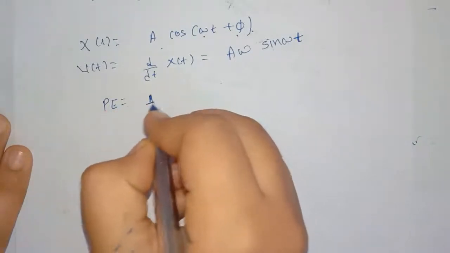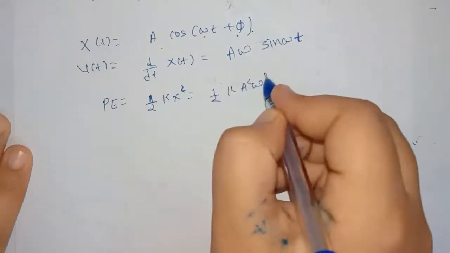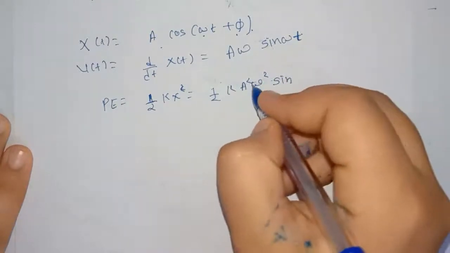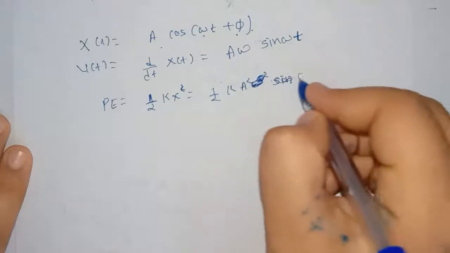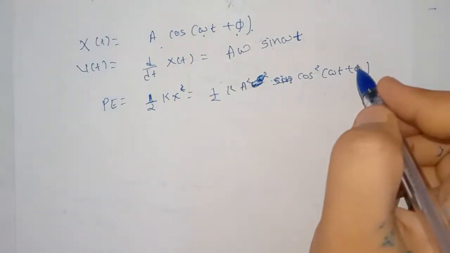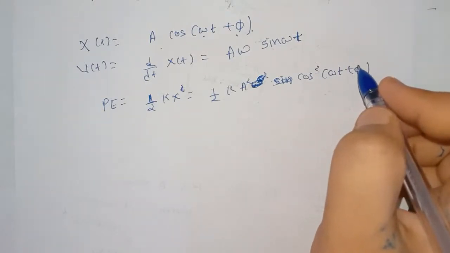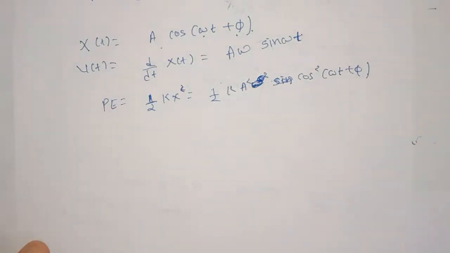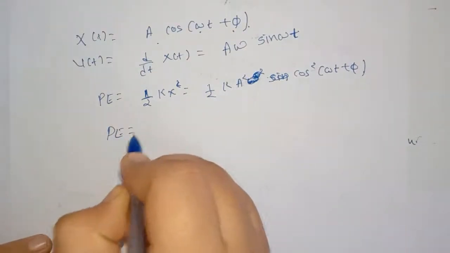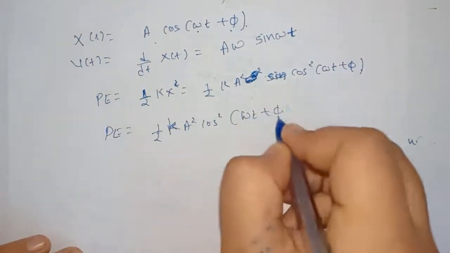Now the potential energy is given by half kx square, so that will be half k a square cos square omega t plus phi.